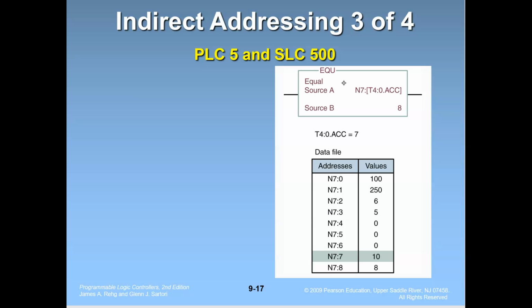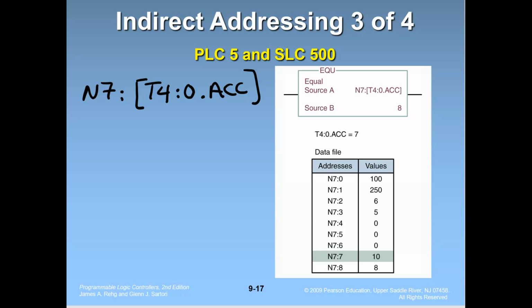Because I can see that there is a bracket in my address. So let's write the address here and see what is the data in this indirect address. So my address is N7 colon bracket T4 colon 0 dot ACC.